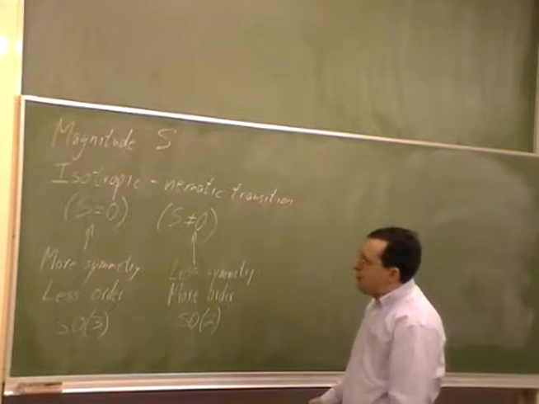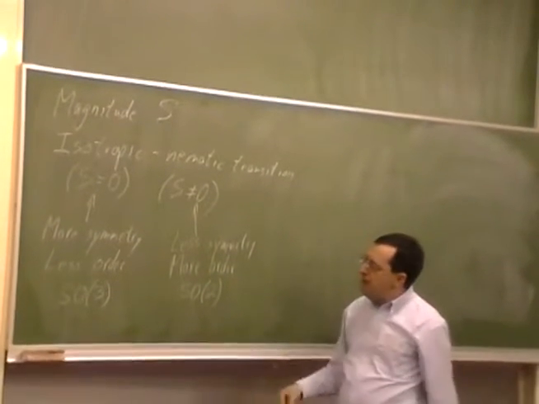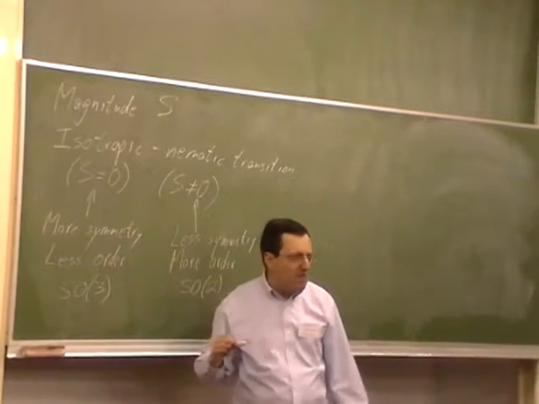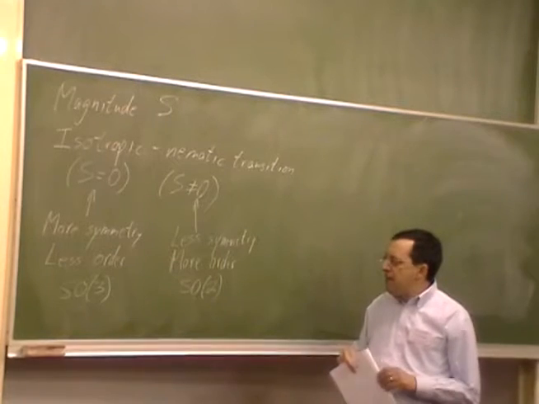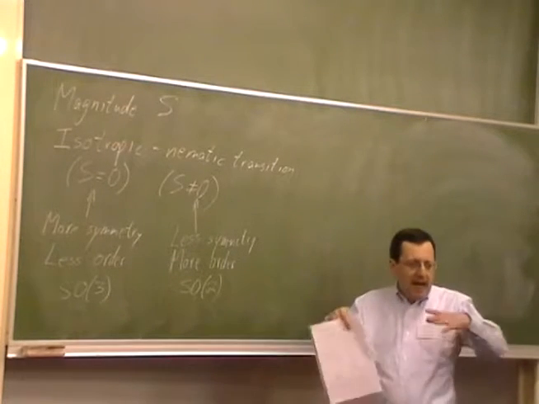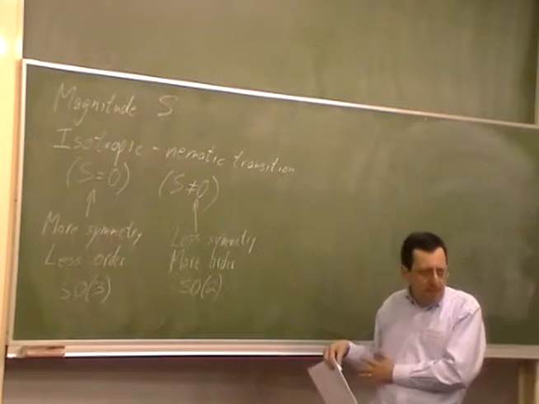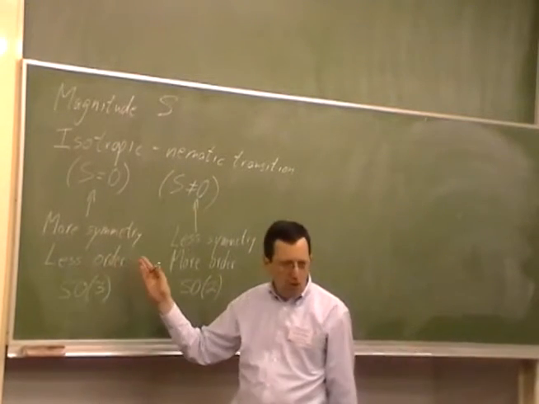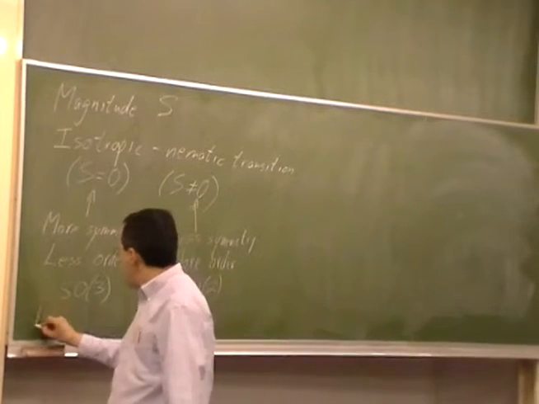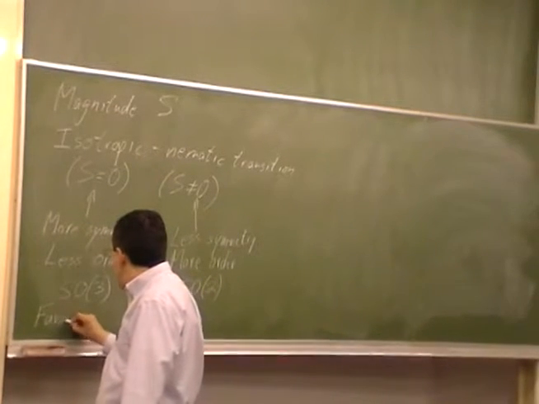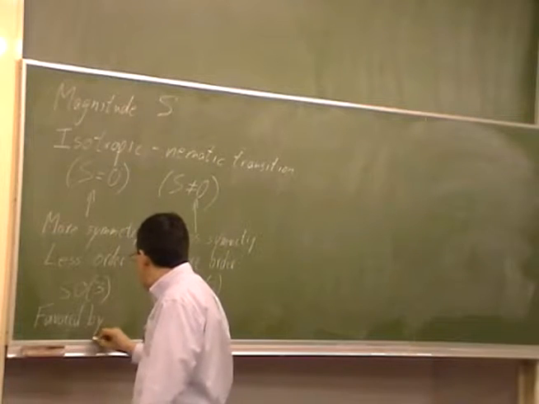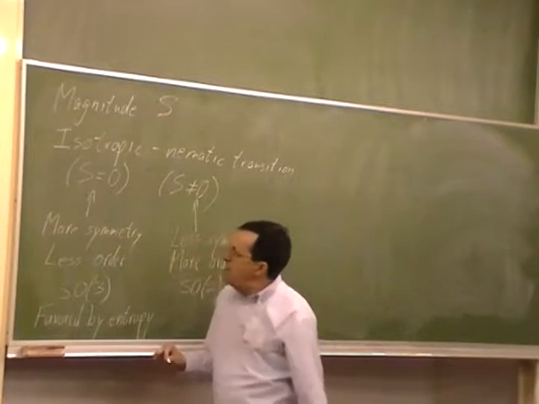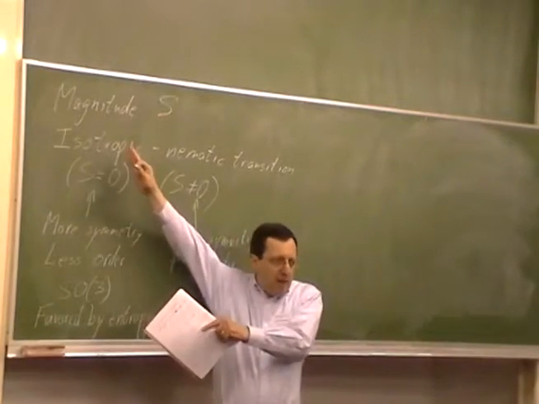Okay, and you can recognize that when you have a competition between order and disorder, here we have to think about a competition between energy and entropy, right? So the state that has less order is one that is favored by entropy. That is, there will be more entropy associated with the isotropic phase.